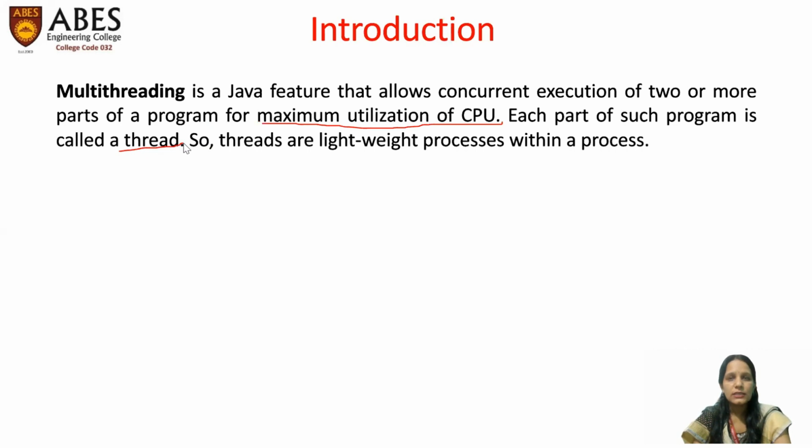Because we have a single program with more than one thread, this is known as multi-threading. Threads are lightweight processes within a process. They are known as lightweight processes because they occupy the same memory.